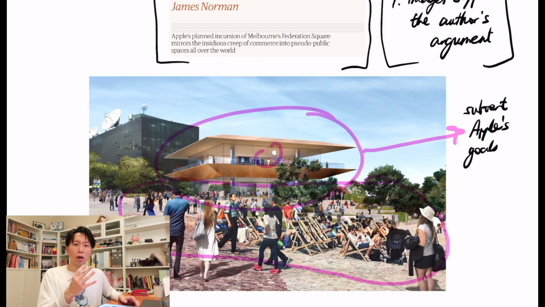So it's using all the strengths that are the most obvious points you will see in this picture, but actually turning them and saying that these are not good and these are weaknesses and harming Federation Square.